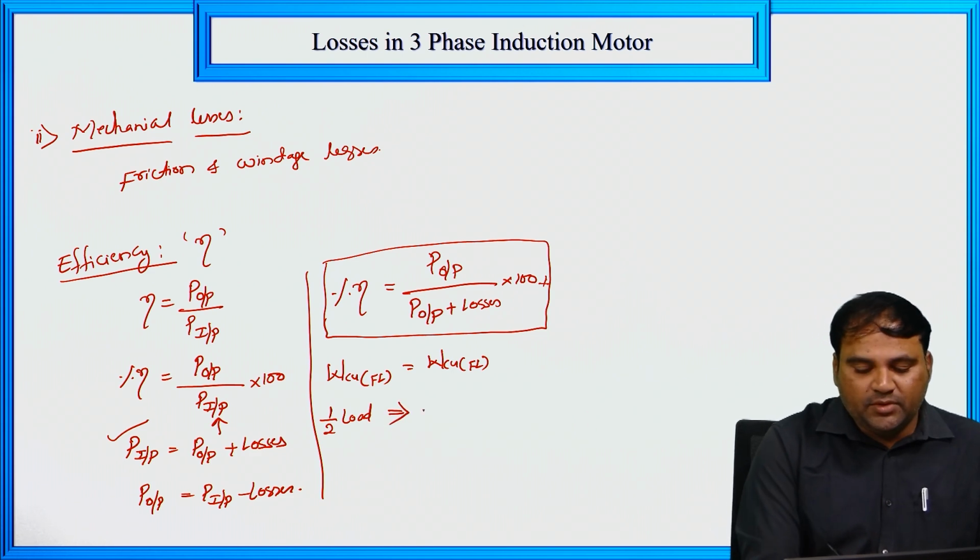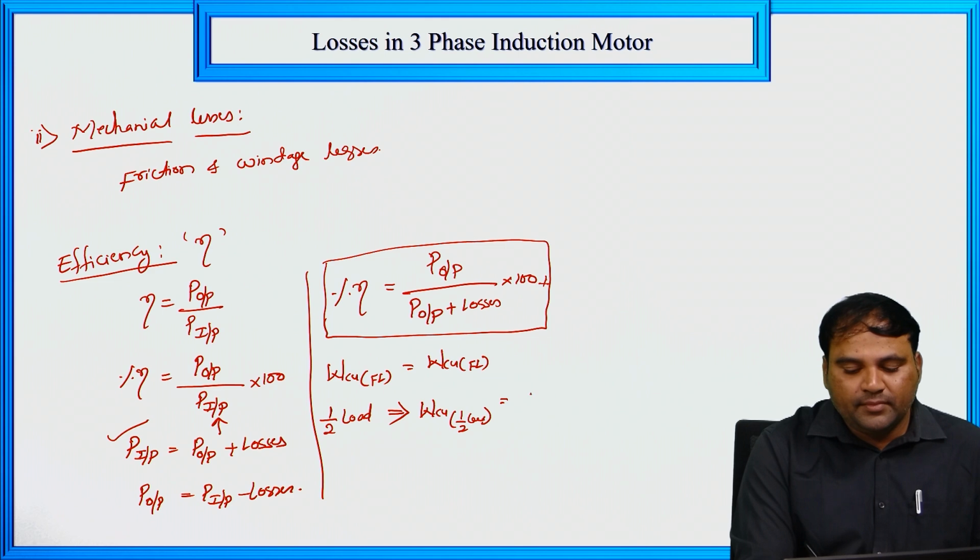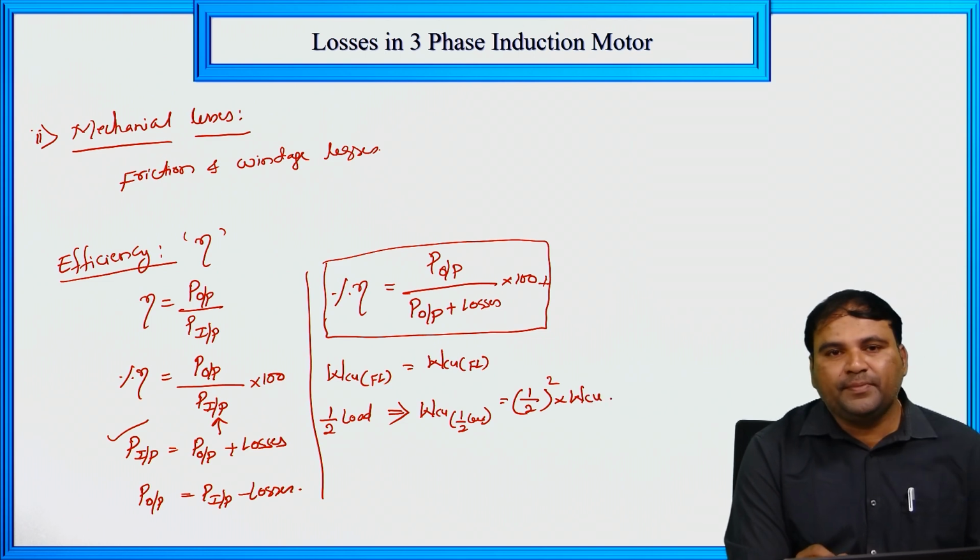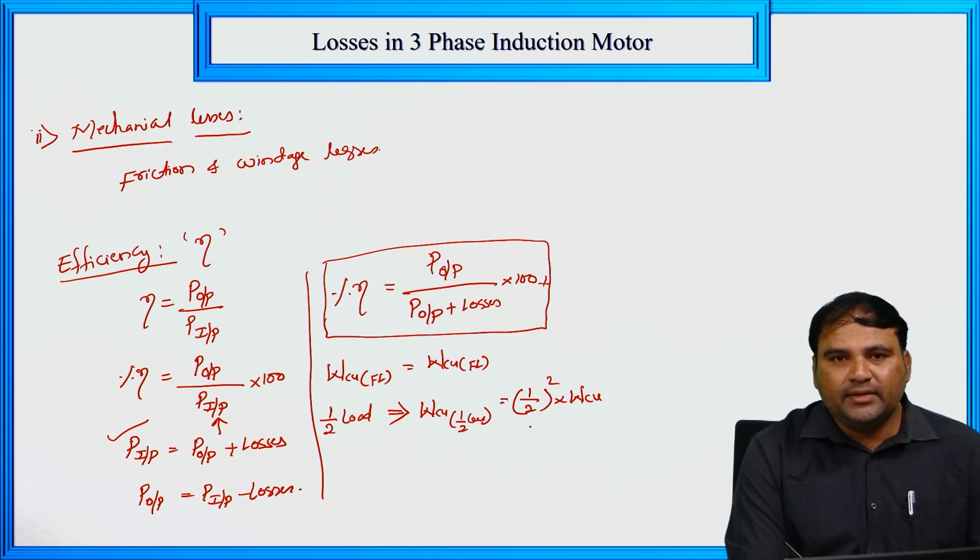Copper losses at half load equal 1 by 2 whole square into the actual copper losses. Suppose the copper loss is 2000, then we take it as 2000 multiplied by 1 by 4, and we get the copper losses at half load.